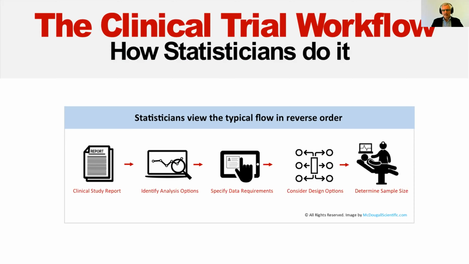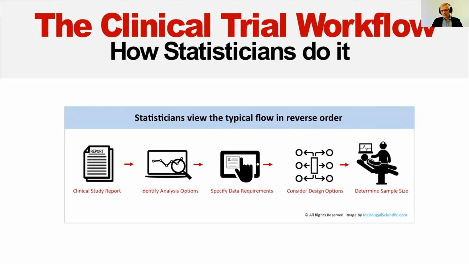Once we know which analyses we're going to perform, that tells us which data will be required. For example, if you're looking for answers to your question at different time points, then we need to conduct repeated measures. We need to collect those data at different time points across the study duration for an individual patient.